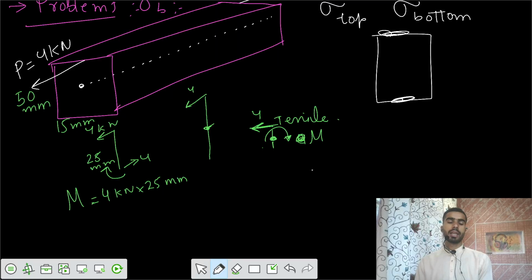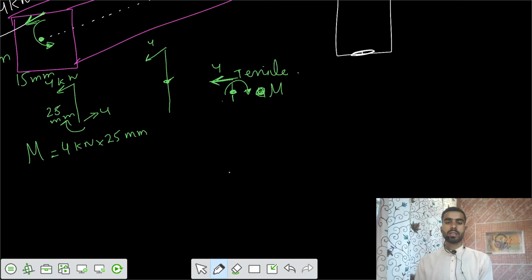Directly you can say that the force of 4 kilonewton is trying to rotate anti-clockwise about the center of that section. Finally this force has to be accounted for, and then you can show another free body diagram also.